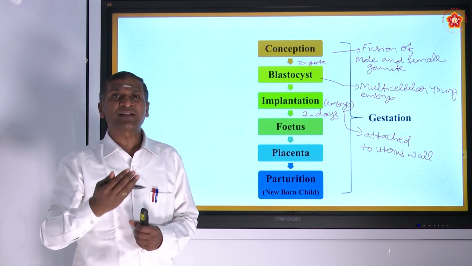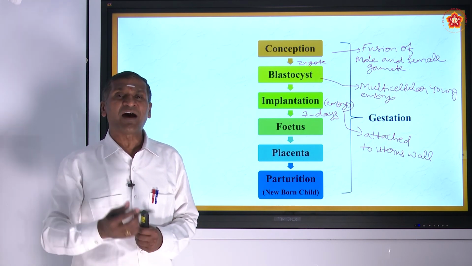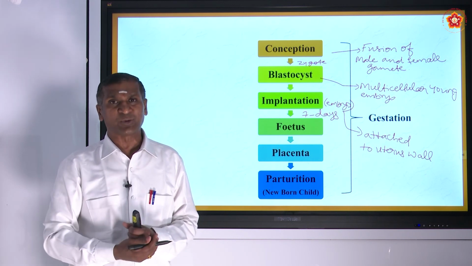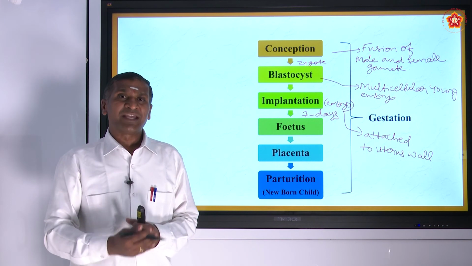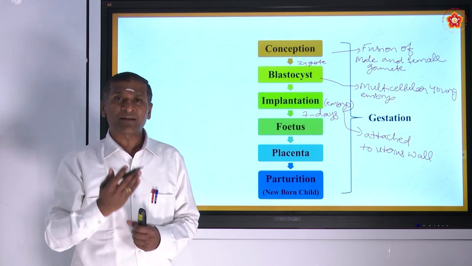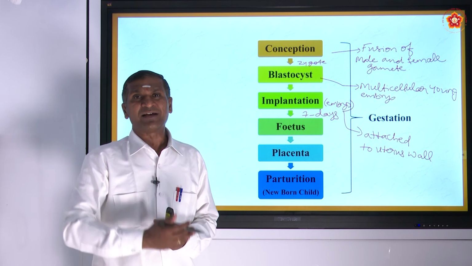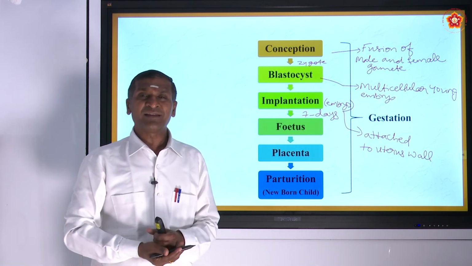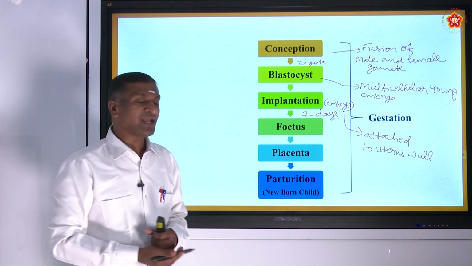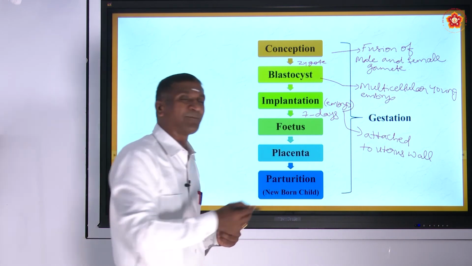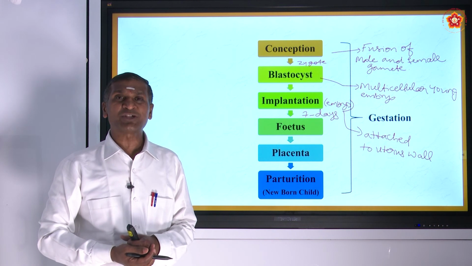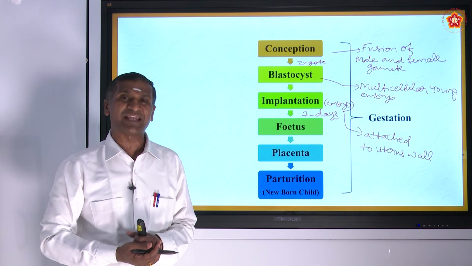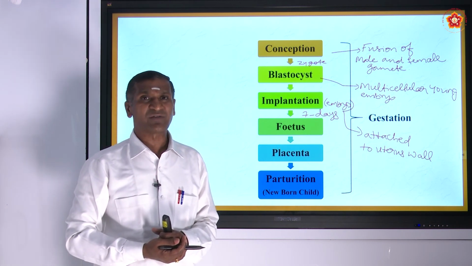These organs, when they start to develop, need to be nourished and fed with oxygen and food. The nourishment and oxygen are provided to the fetus in the uterus of the female by the placenta.